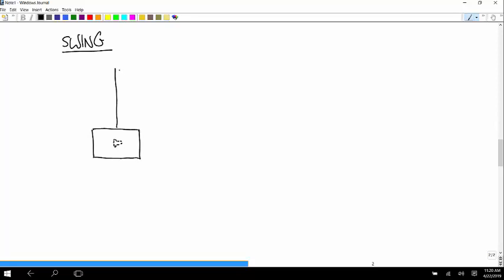So this is the combined mass, and it's going to swing up to a position like this. And we know that the change in height of the center of mass of this system is h.